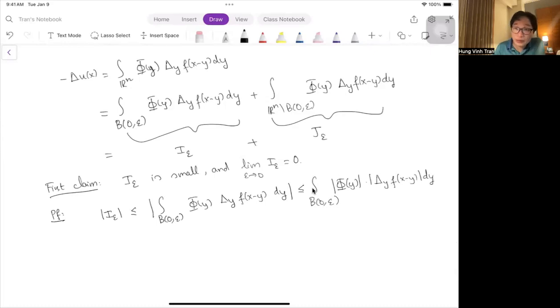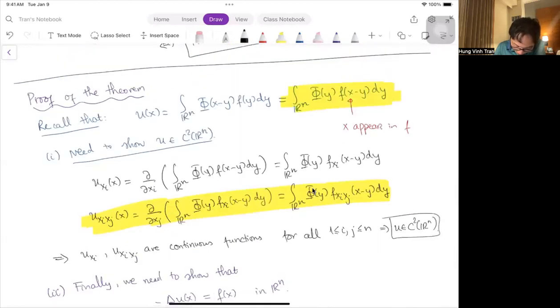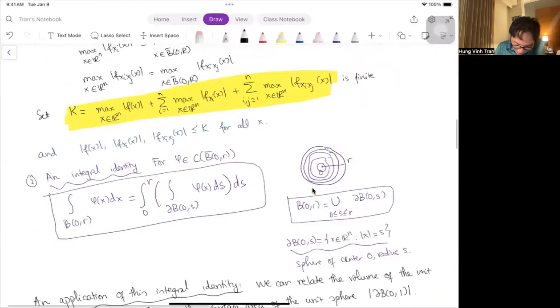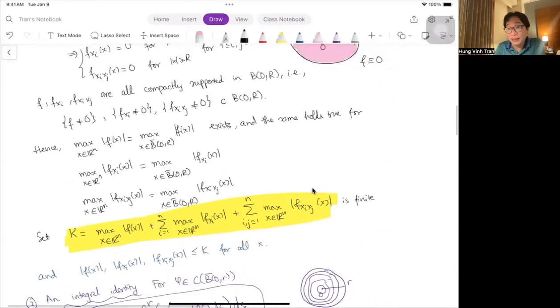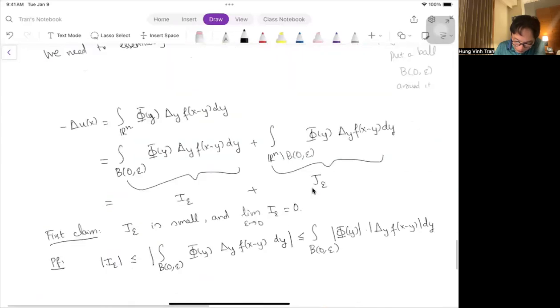Okay, now let's recall the first fact that we have said about f. The first fact we said about f is that f is nice, f_xi, f_xixj, they're all nice and bounded by K, this constant K that I highlighted here, right? So I'm using that fact to bound the Laplacian of f.